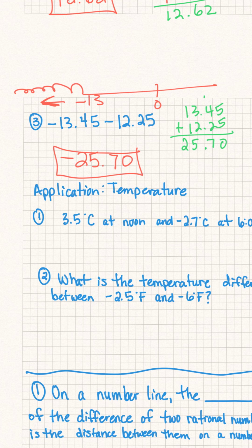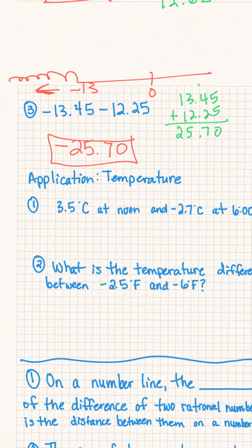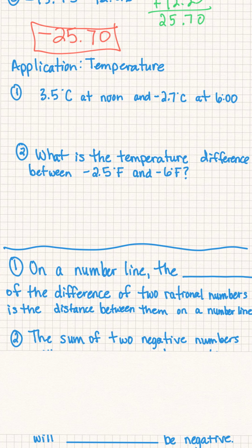So now if we apply this to temperature, if it was 3.5 degrees Celsius at noon and negative 2.7 degrees Celsius at 6 o'clock, what's the difference?